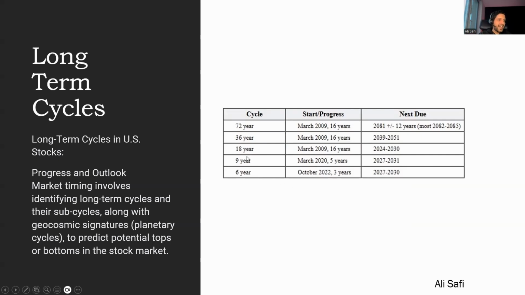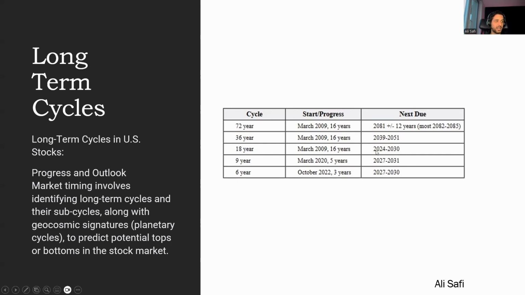The 18-year cycle is 2009, the 9-year cycle is 2020, and the 6-year cycle is going to be 2022. So we are heading into a pretty interesting situation, because for the 18-year cycle, we are in a due time, 2024 until 2030. We are in 2025. We are due for this cycle.